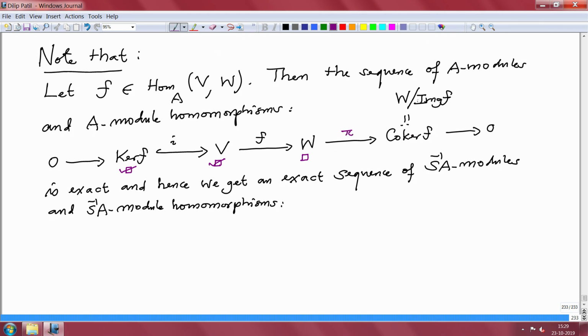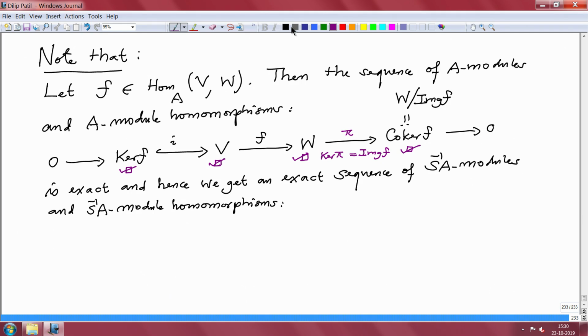The kernel of pi we know, this is the residue class map from W to W modulo image of F. So, obviously the kernel of pi is image of F. But this precisely means exactness here, and exactness here means this map, because 0 is here, this map should be surjective, but the residue class map is always surjective. So, this is also clear. So, therefore, this sequence is exact.